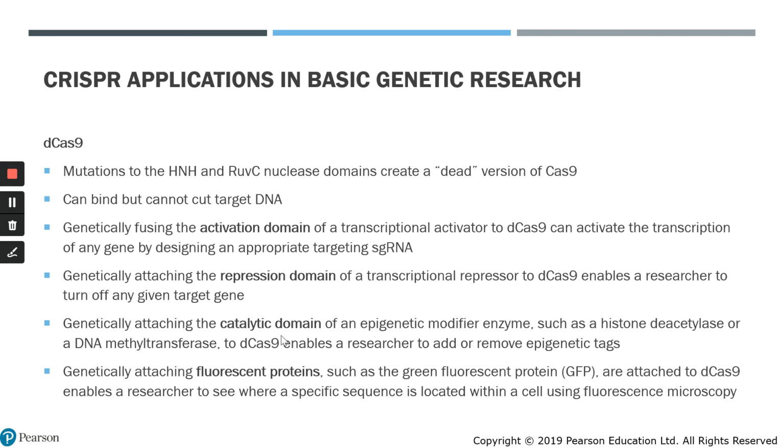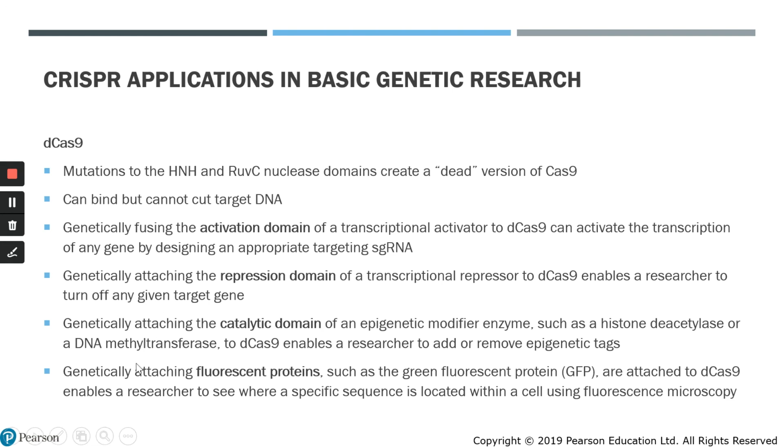dCas9 has also been modified to contain a catalytic domain. This catalytic domain can also contain an epigenetic modifier enzyme, for example, a histone deacetylase or a DNA methyltransferase. So when dCas9 comes into contact with a targeted gene, and that dCas9 contains a catalytic domain, this will allow the researcher to add or remove epigenetic tags to that specific region.